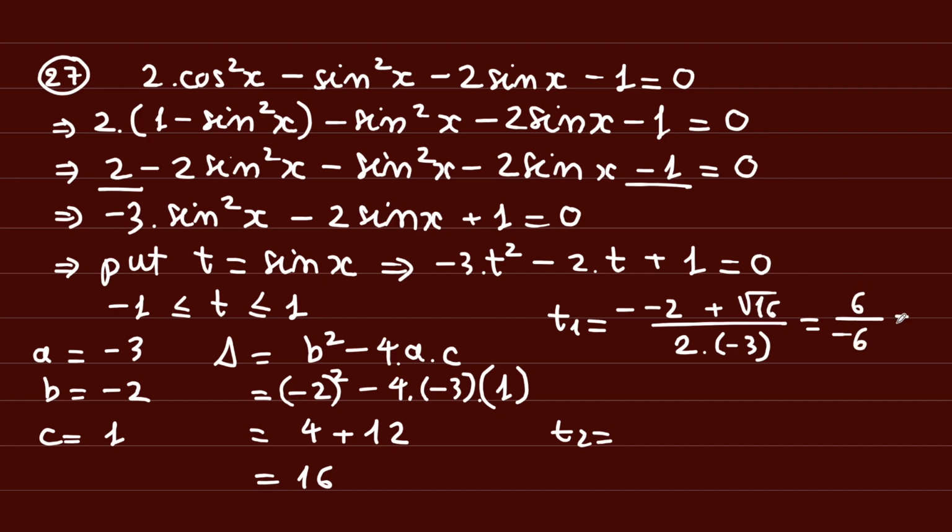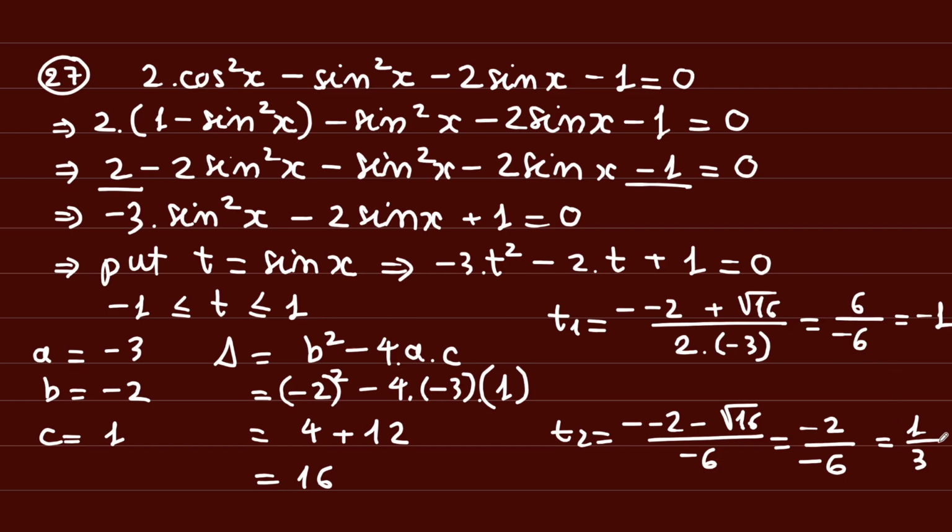This one is minus 6, it means here is minus 1. And how about the next one? The next one will be minus b minus the square root of 16, and here is minus 6. Here is 2 minus 4 equal to minus 2. And here is minus 6. This means this is equal to 1 over 3.